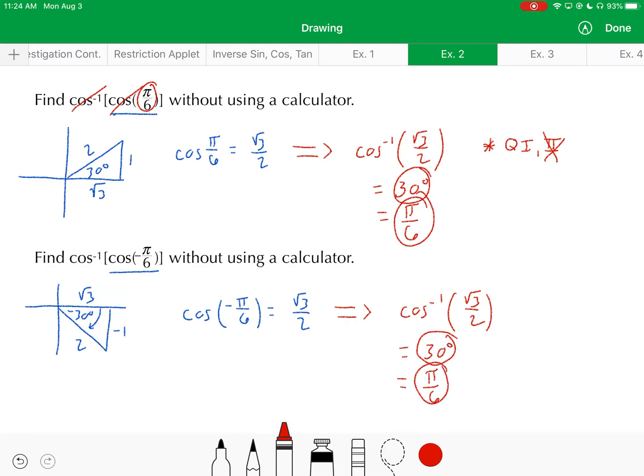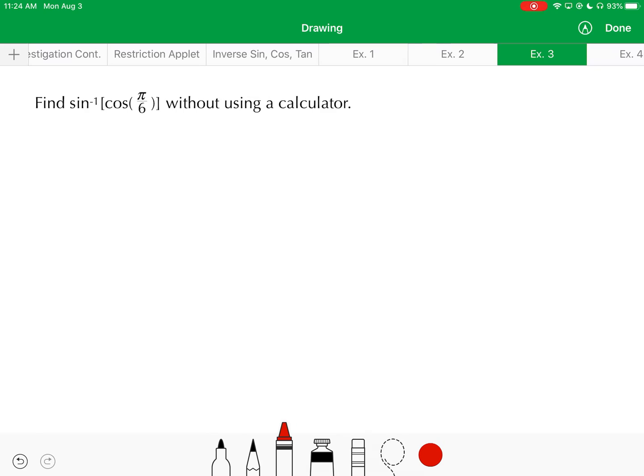So notice the result here is not the same as the original input of negative pi over 6. So you just got to be careful. You can't always say that inverse cosine of cosine wipes out. Okay, moving forward, let's find inverse sine of cosine of pi over 6 without using a calculator.